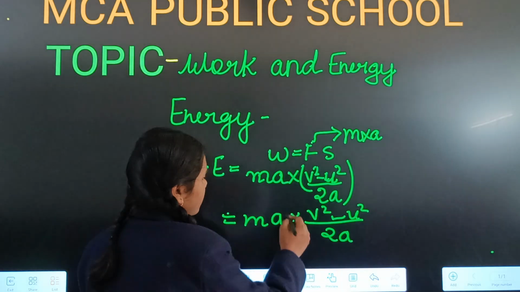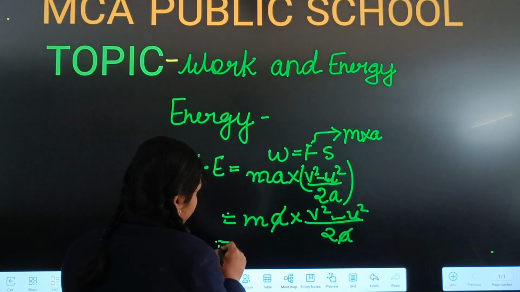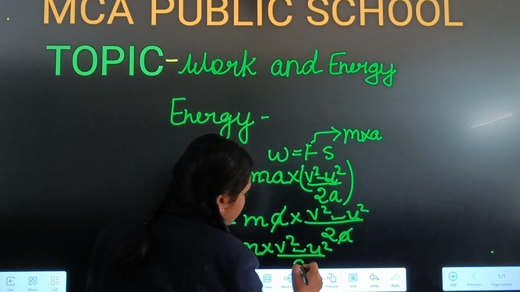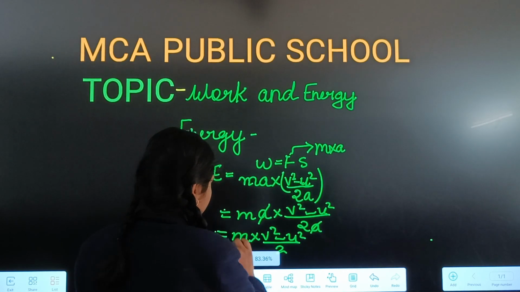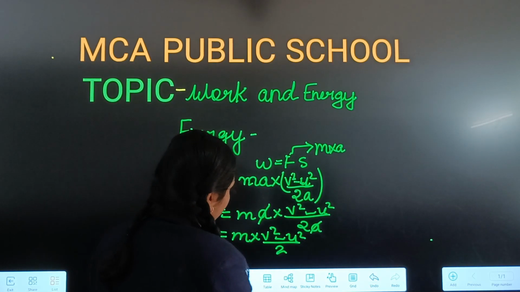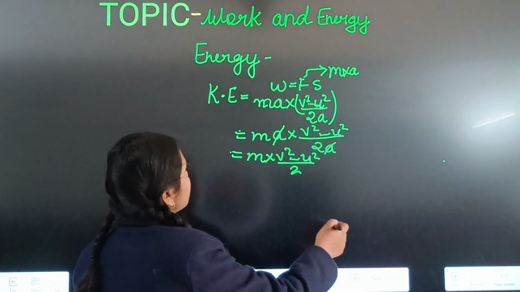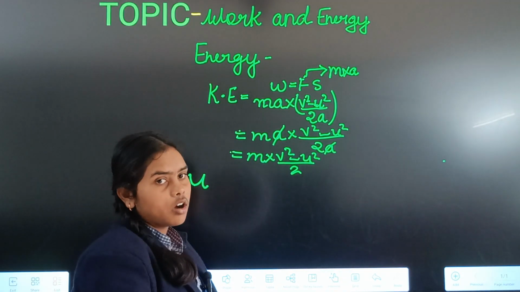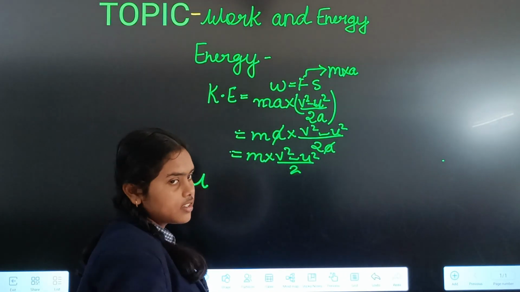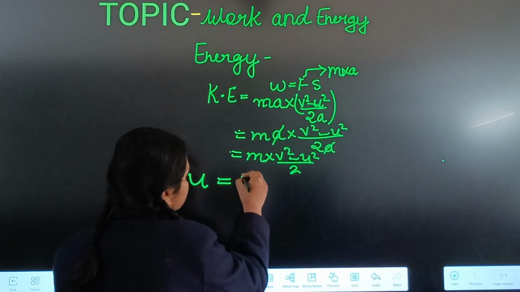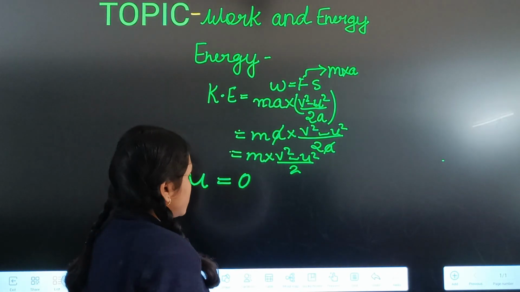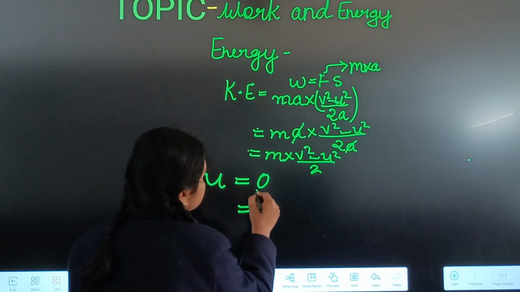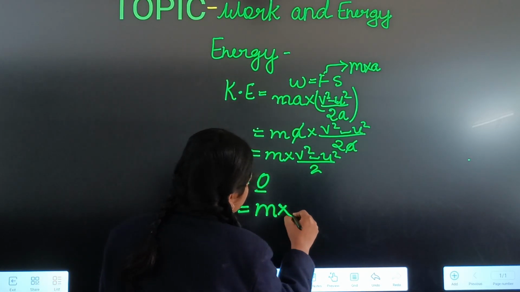So what we basically do here is cut out the acceleration, and the formula becomes m into v square minus u square upon 2. If we consider an object which is ready to move, possessing kinetic energy, the u is 0, meaning it started from its stationary position. After that we replace u with 0.